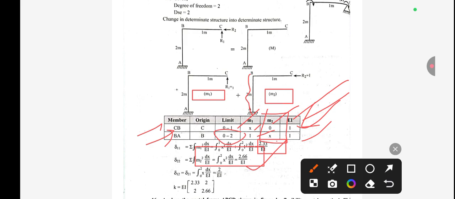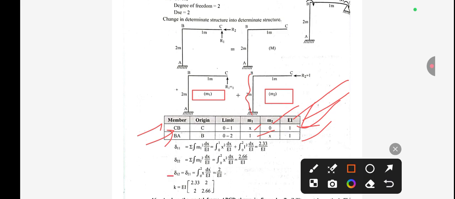After calculating, EI is a constant, the flexural rigidity, so EI is a common value and you can take it out of the matrix. Then we just put all these values in the matrix form.